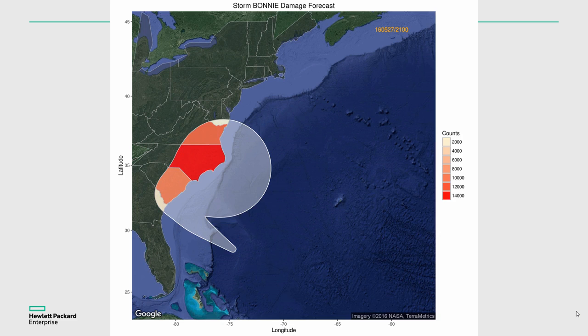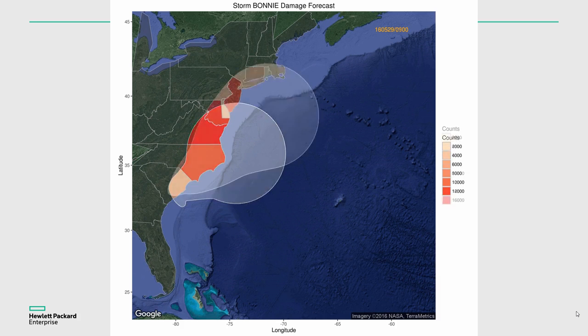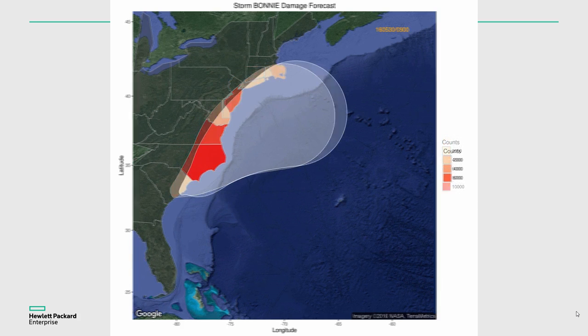There are about 14,000 properties that fall into the hurricane zone. For each timestamp, we create such a heat map, so along the time, we have a dynamic visualization of the analyzed result.